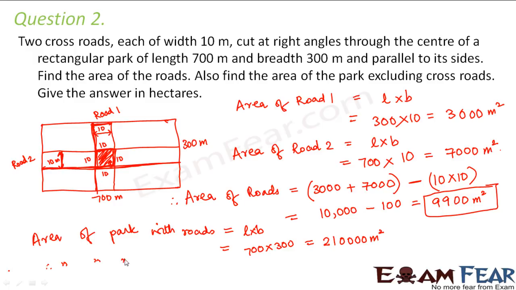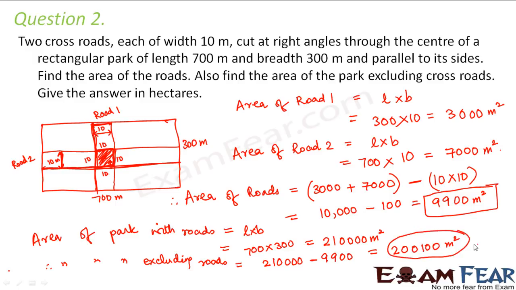Therefore area of the park excluding roads would be equal to this total area, 210,000 minus the area of the roads, which is 9900. So this is equal to 200,100 meter square. So this much would be the area of the park excluding the roads.